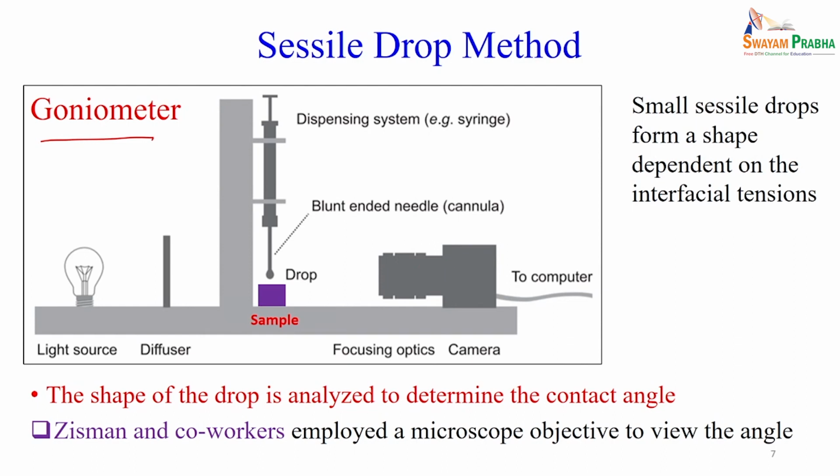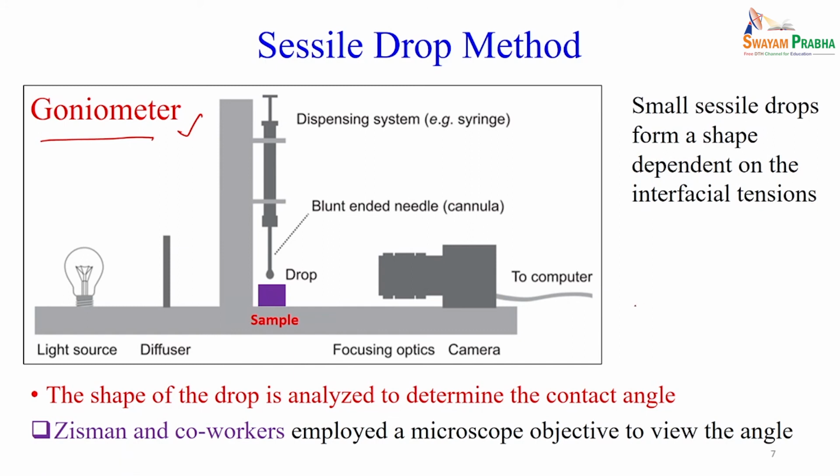You can say this is like a horizontal microscope, and this whole setup is known as the goniometer. So, the instrument being used to determine the contact angle is the goniometer, or we say contact angle goniometer.